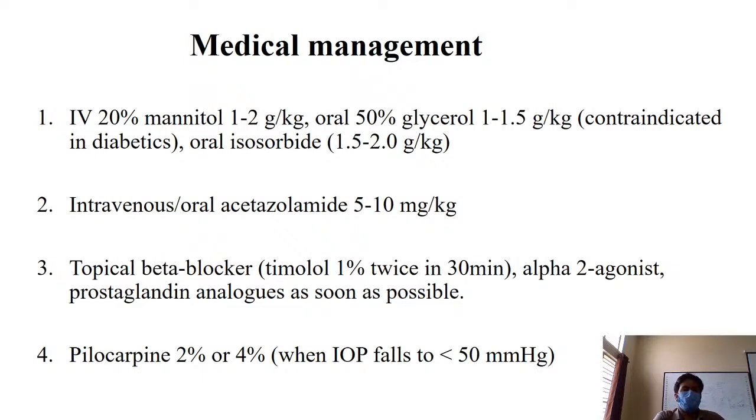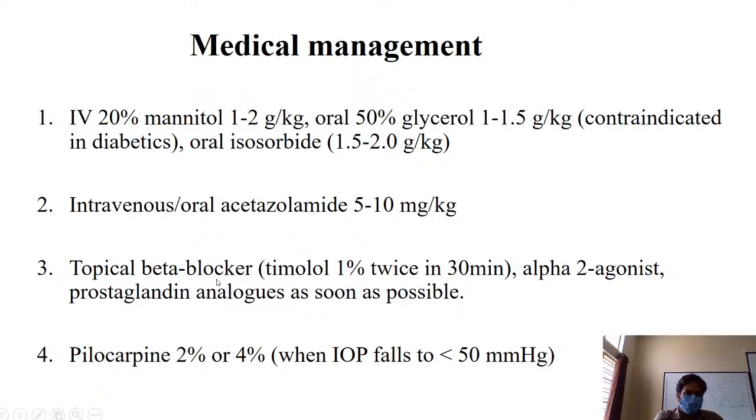Along with that, you have to put patient on the topical beta blocker, timolol 1% twice in 30 minutes, or alpha 2 agonist, okay. Prostaglandin analogs, we may or may not give because there may be some amount of inflammation, so prostaglandin analogs are usually avoided. The important drugs are timolol and alpha 2 agonist.